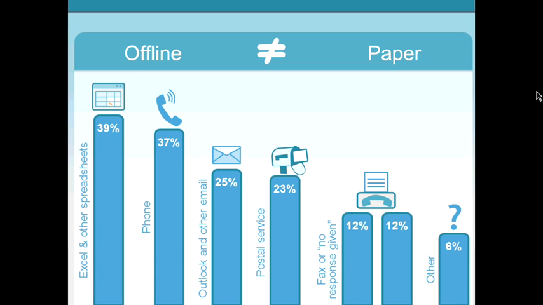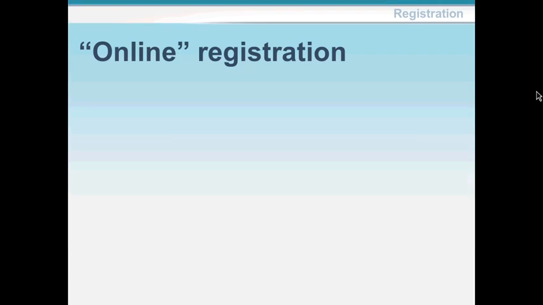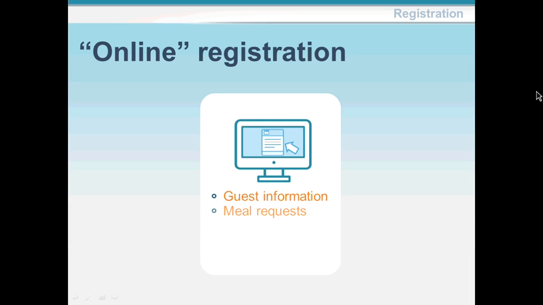So now let's take a look at what we mean when we say online registration. First, I'm guessing that most of you have seen or even completed an online registration form. I'm sure you have because you signed up to attend today. But you may even be familiar with the fact that activities you do online can be reflected in reporting from the online tool.